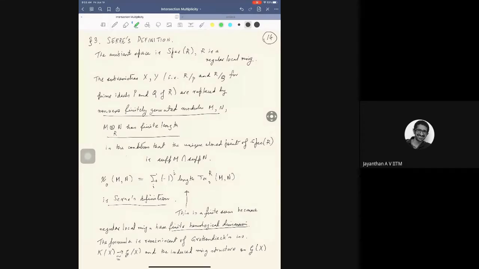And to say that the closed point is an isolated point of intersection says that he's got two modules, M and N, and the tensor product has finite length. Okay. He defines the intersection multiplicity as follows here.